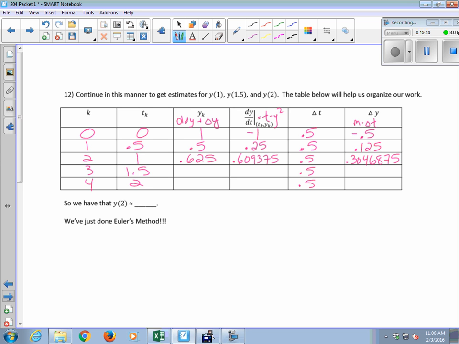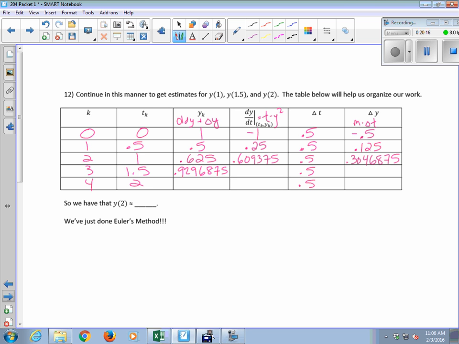Best not to round at all if you can help it, because your rounding errors could compound as you do more and more steps. Okay, my new y is my old y plus my change in y. So that comes out to 0.9296875.